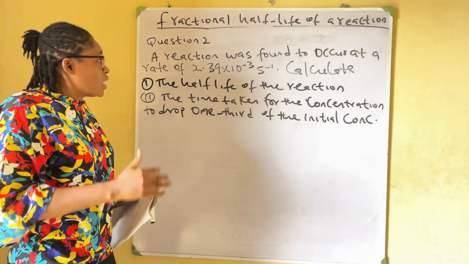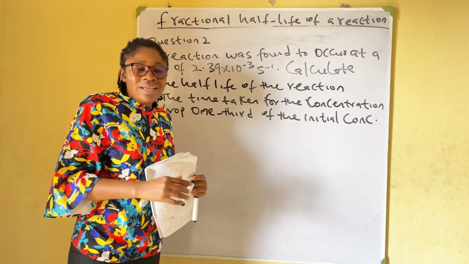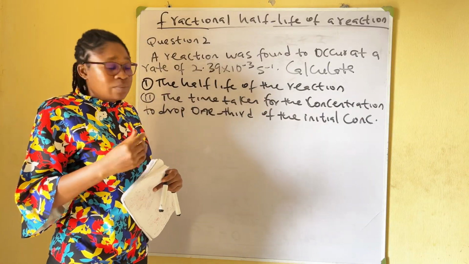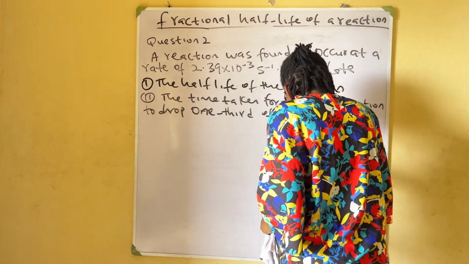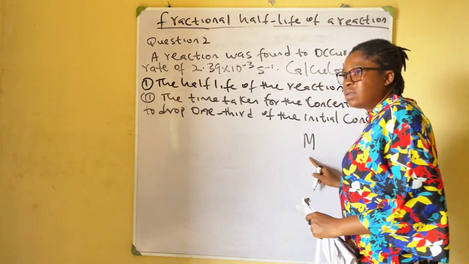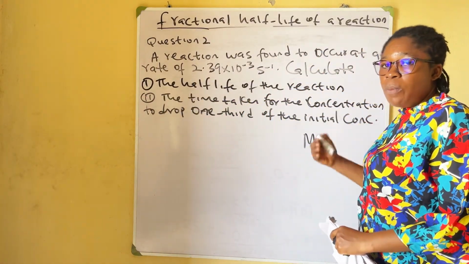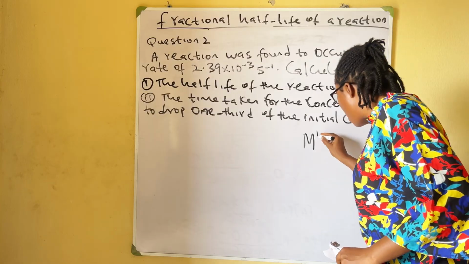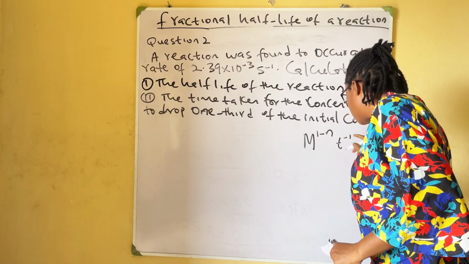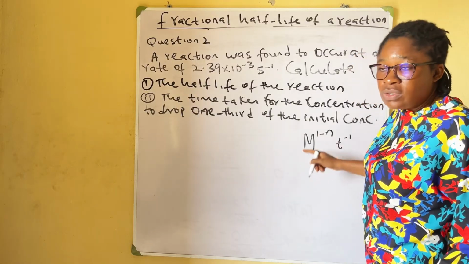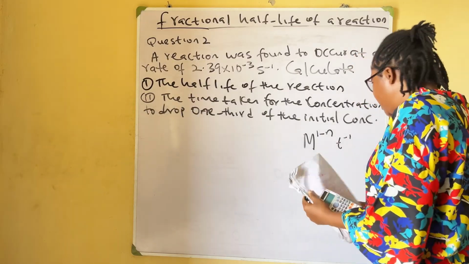The previous video has done how to find the unit of the rate constant, the easy way. So let me just repeat it here. This M represents molar concentration, mole per dm cubed or mole per liter. So 1 minus n, per time, time is constant. It can be per seconds, per hour, per day.